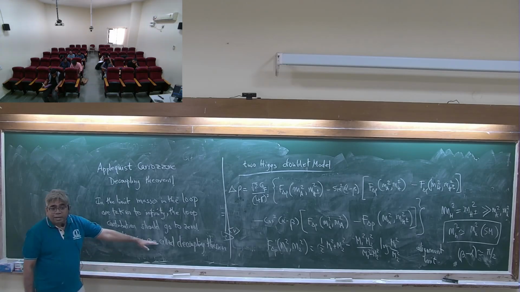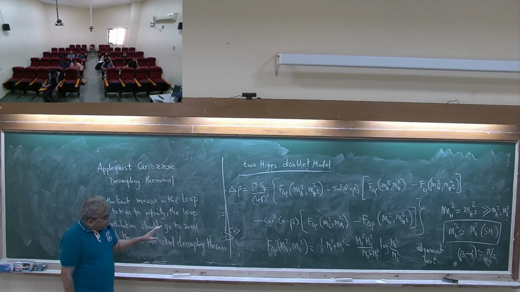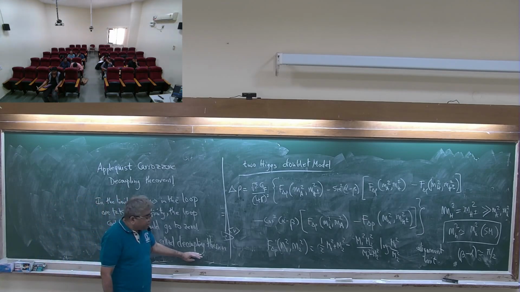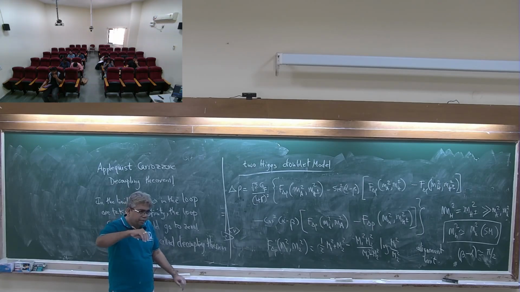Now there are a lot of violations of it, especially with scalars, but the word decoupling is typically used interchangeably as the limit in which you take the masses to be very large. So the loop contributions corresponding to those particles are very, very small.